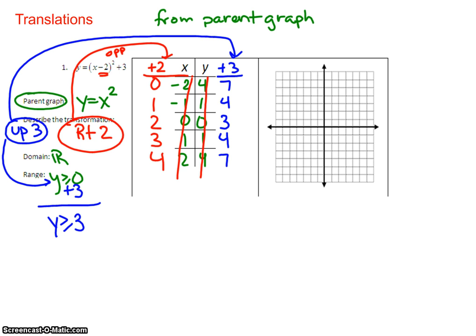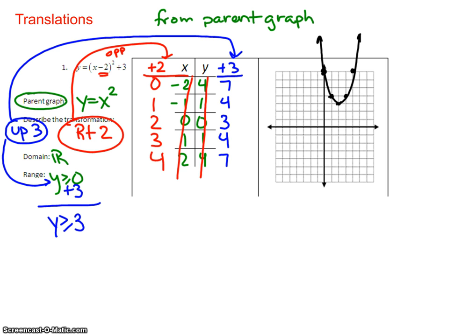And now replot your points. So if I go 0, 7, 1, 4, 2, 3, 3, 4, 4, 7. If we have 5 points, we have a better chance of making sure that we have the right shape.